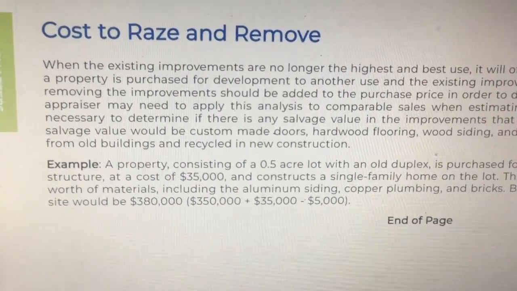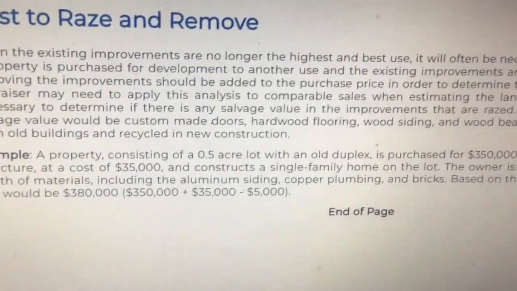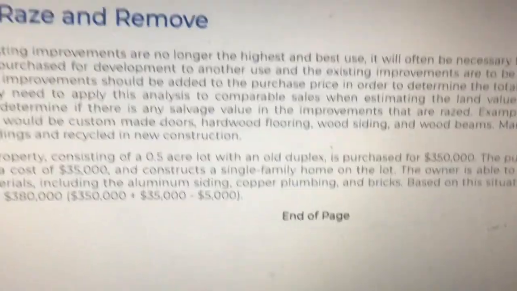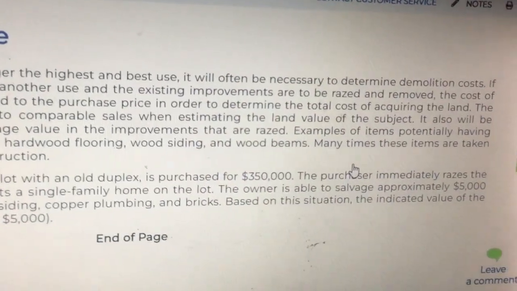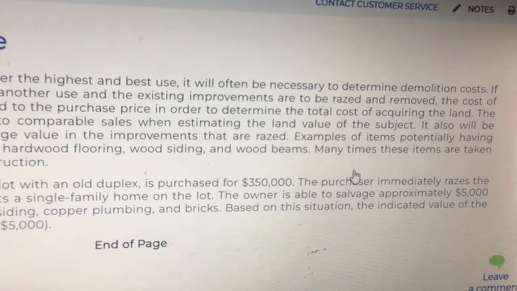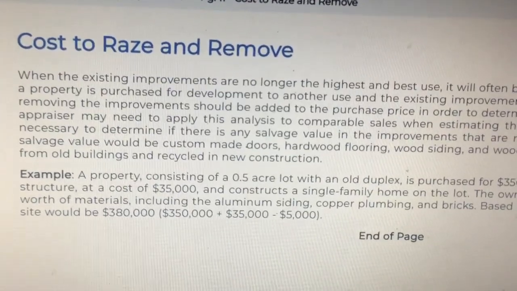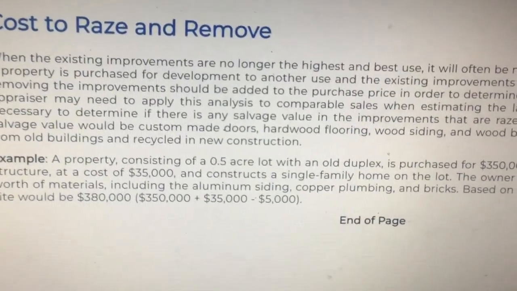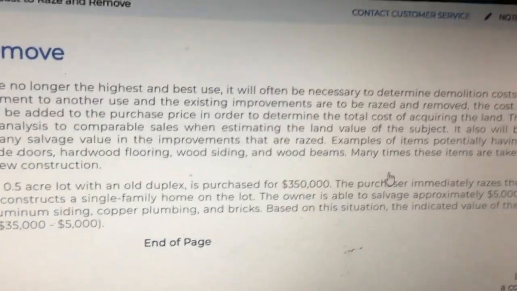An example: a property consisting of a half-acre lot with an old duplex is purchased for $350,000. The purchaser immediately raises the structure at a cost of $35,000 and constructs a single-family home on the lot.